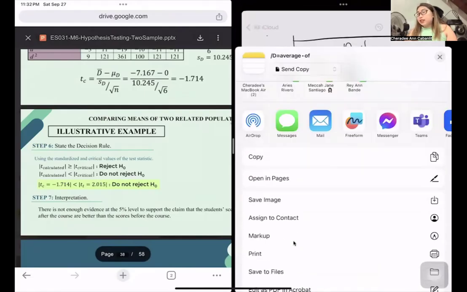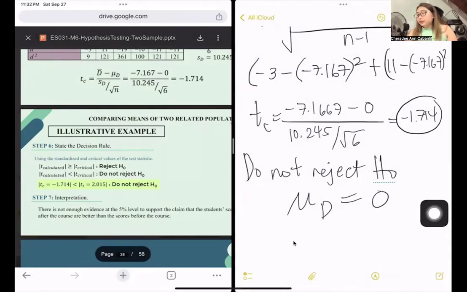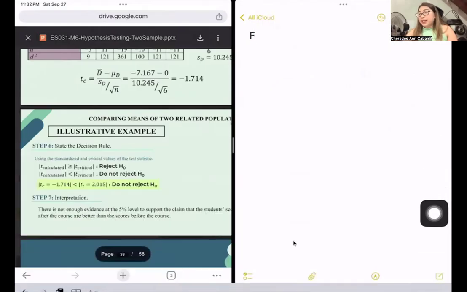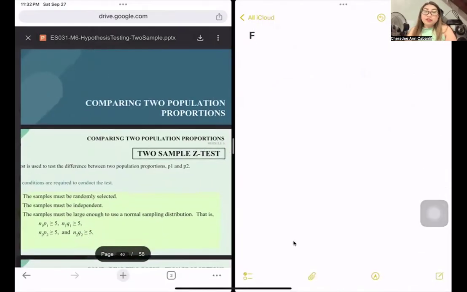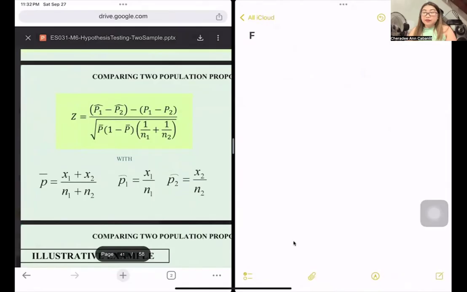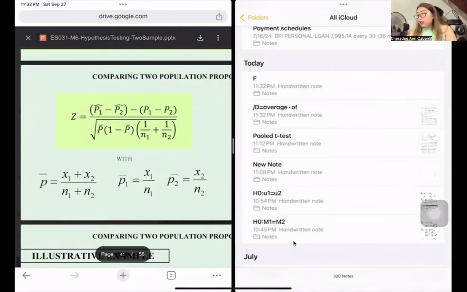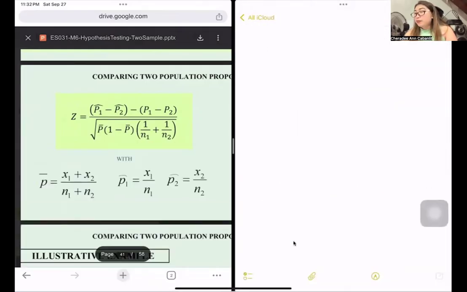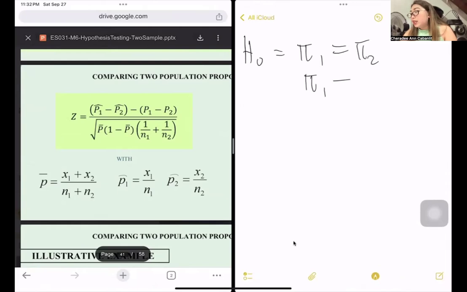So, we now go to the last one. This time, what if we're comparing two population means. For two population means, morasad ang difference niya. So, your H0 will now be pi 1 equals pi 2, or pi 1 minus pi 2 equals 0.